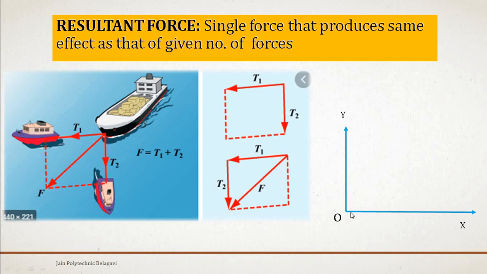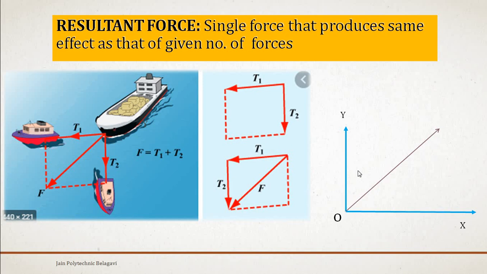Also, on the right side in this corner, this is the x axis and this is the y axis. The x axis represents force in the x direction, and in the y direction we concentrate on force in the vertical direction.